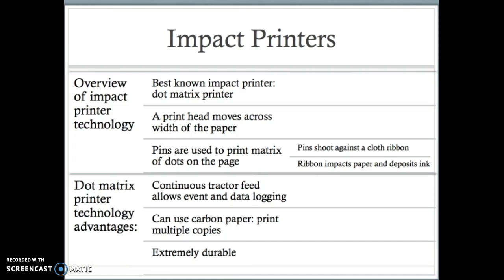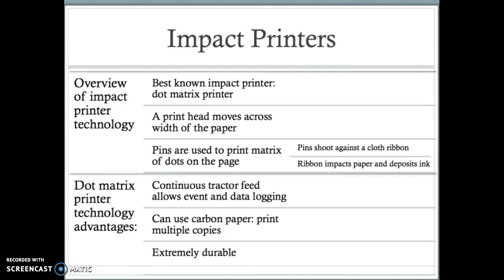That ribbon has the ink on it, so it makes the impact, contacts the head, and transfers the ink to the paper, much like typewriters did. Very efficient, and they last a long time, except that the cloth ribbon can get stretched out or get light when it runs out of ink.